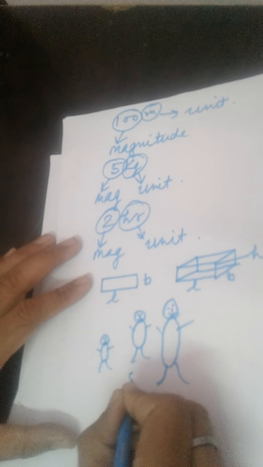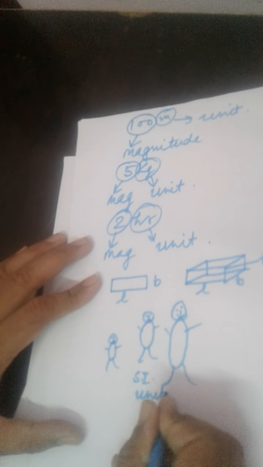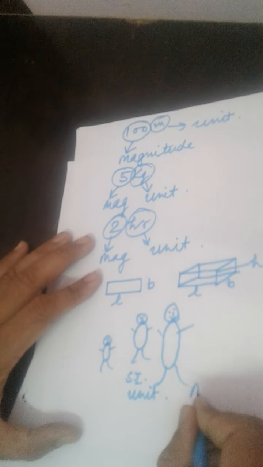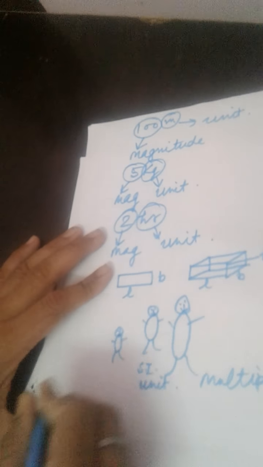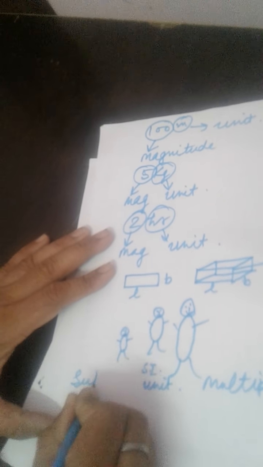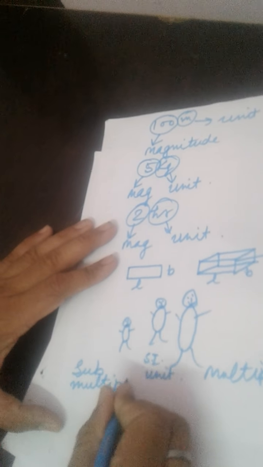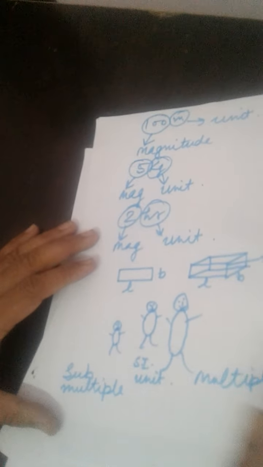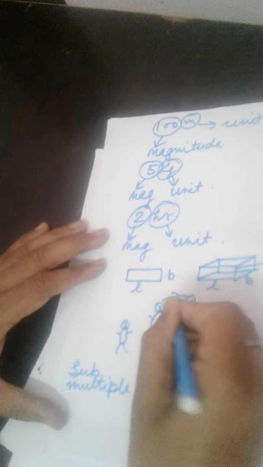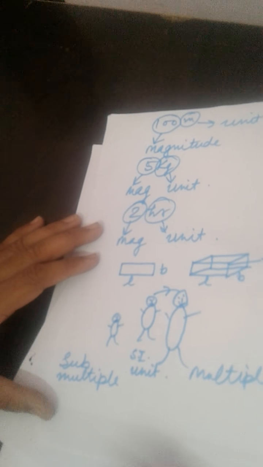Suppose this is SI unit and this is multiple and this is submultiple. With these pictures it is very clear that multiples are bigger than SI unit. Is that clear?